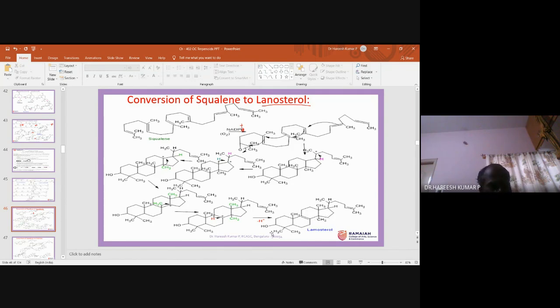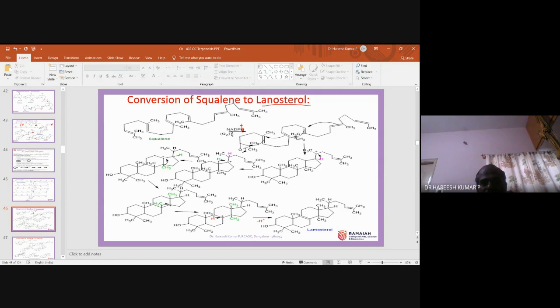This gonane system is the basic structure for sterols. Sterols are naturally occurring, and squalene is converted into lanosterol. So how is this converted? First you have to write the structure in this format.